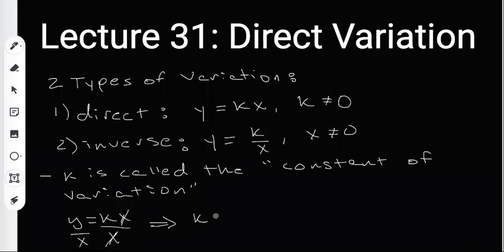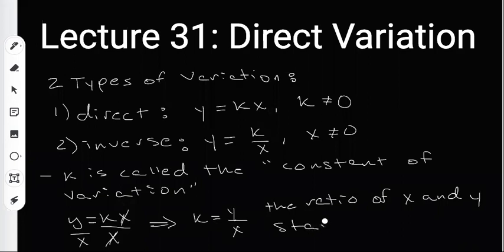So we get k equals y over x, which means the ratio of x and y stays the same, or stays constant. And that constant, of course, is k.